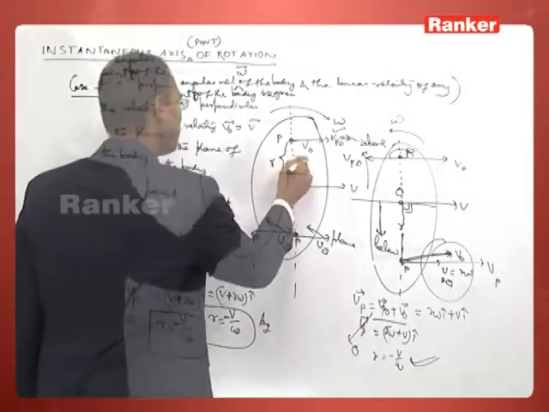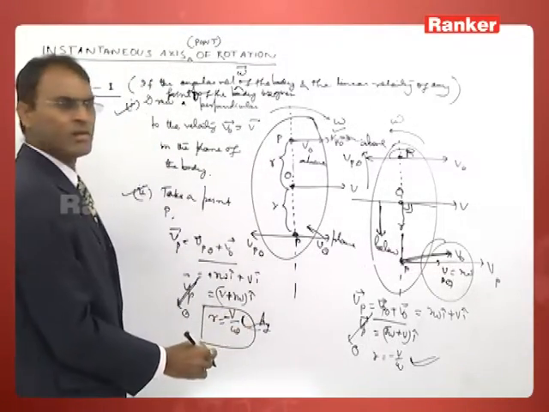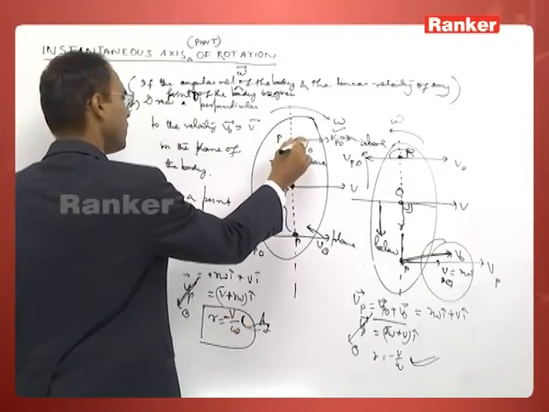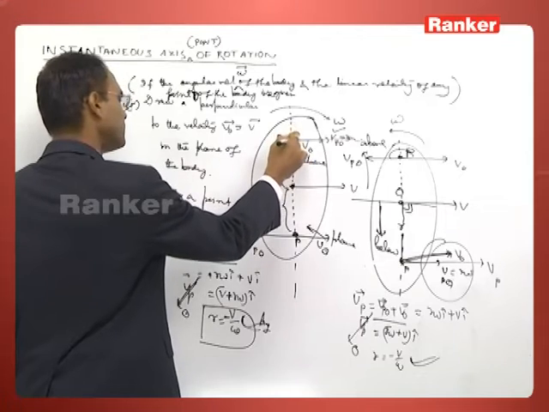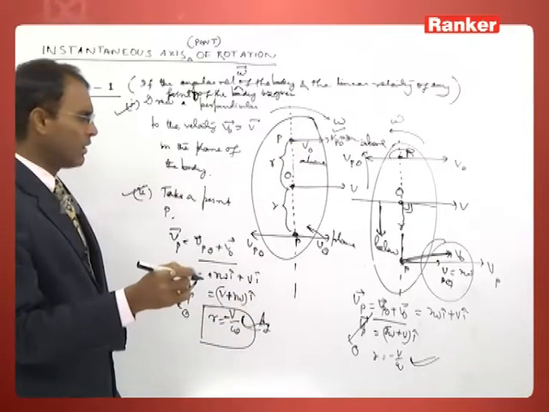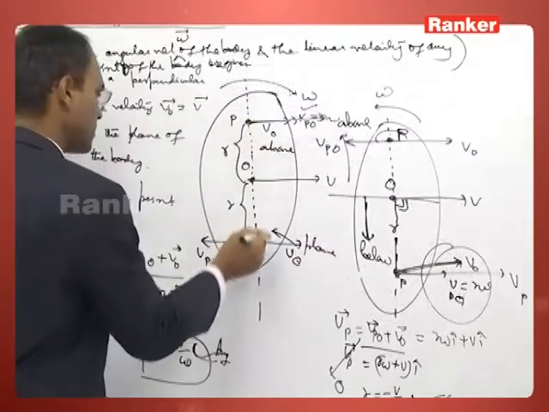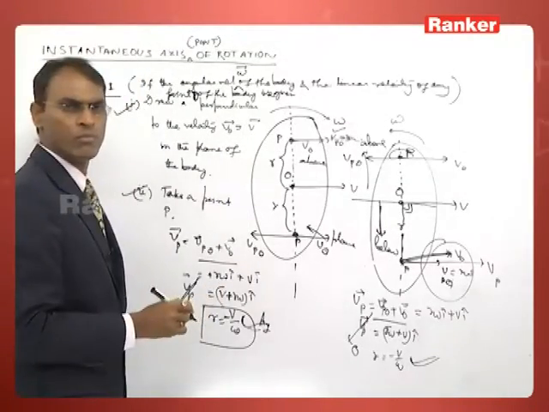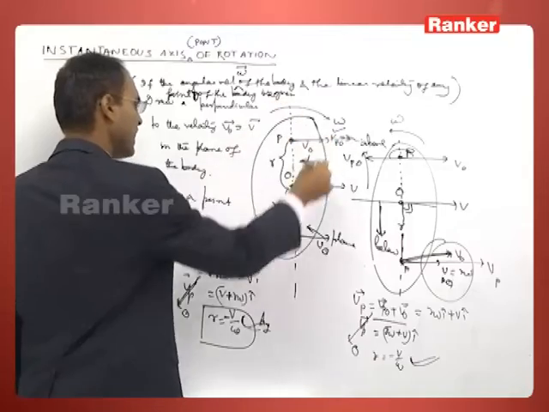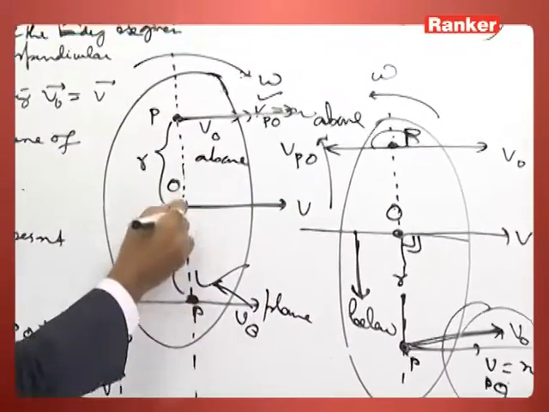We have taken above, we got negative. What does it mean? You have to alter the assumption. That means this point P must be below. In this case, when you spin in this direction and this point moves in this direction, P will be below the given point.